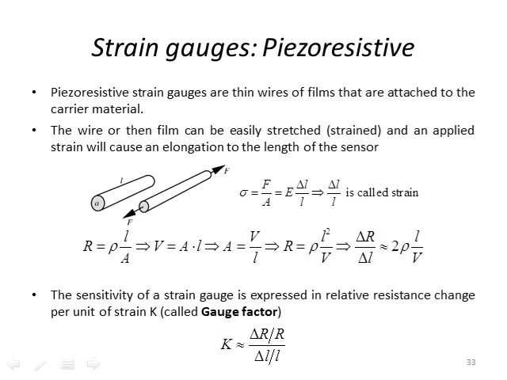So if we have a particular resistance, which is the resistivity multiplied by the length divided by the cross-sectional area, then the volume that we get is A times L, and we can work through these expressions.